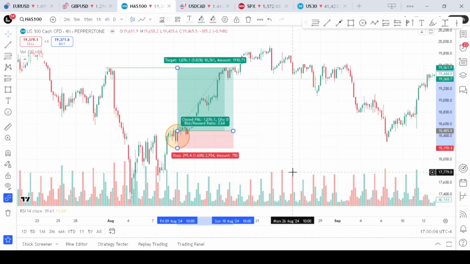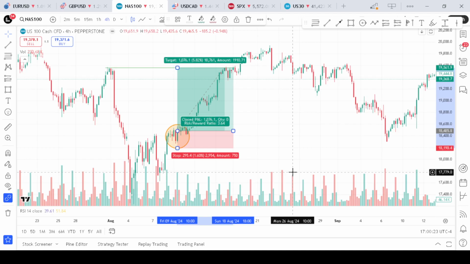Now let's look at some common mistakes that we need to avoid. The first mistake is failing to confirm the pattern. One of the most frequent mistakes is entering the trade solely based on the appearance of the hook reversal without additional confirmation.